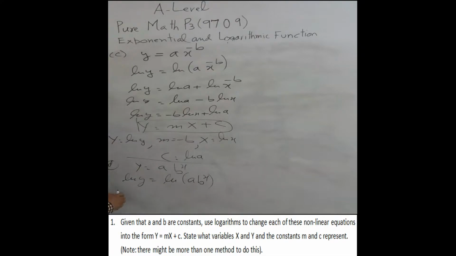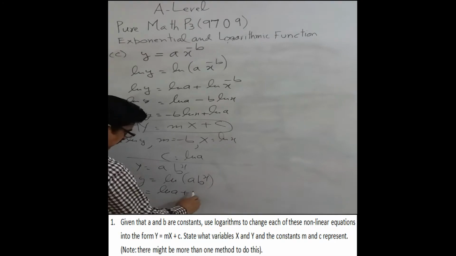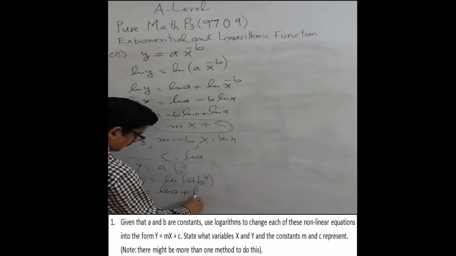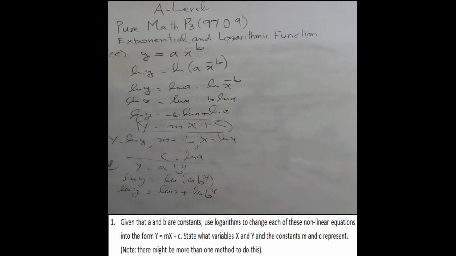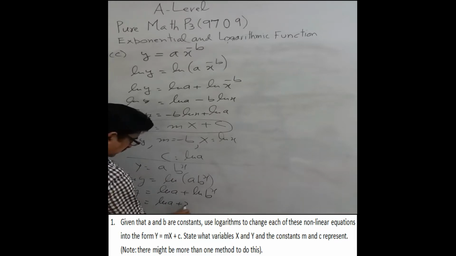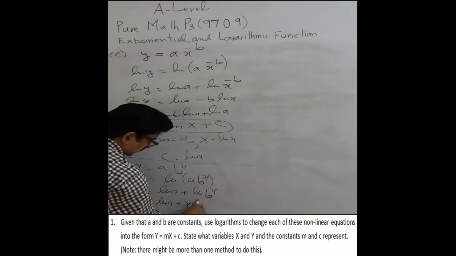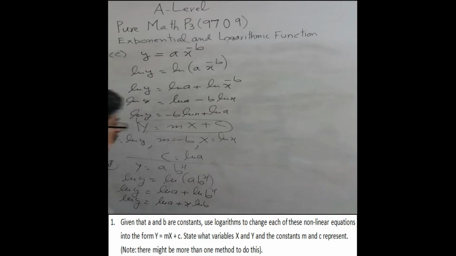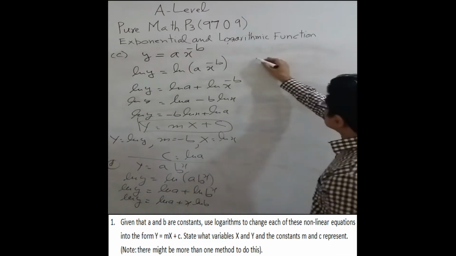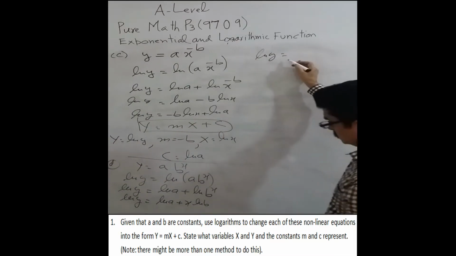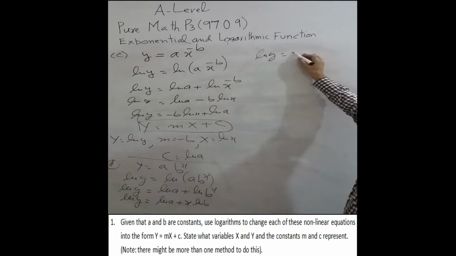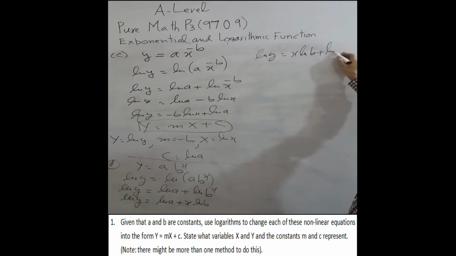Applying the property of log, ln a plus ln b raised to the power x, and we have ln y is equal to ln a plus, again by the property of log, x ln b. We can write it ln y is equal to x ln b plus ln a.